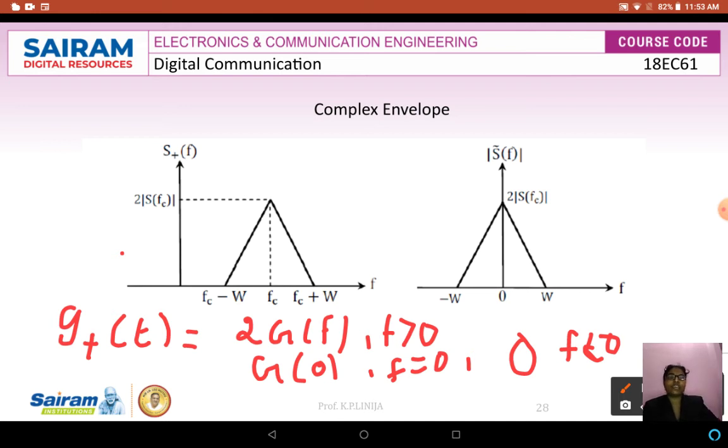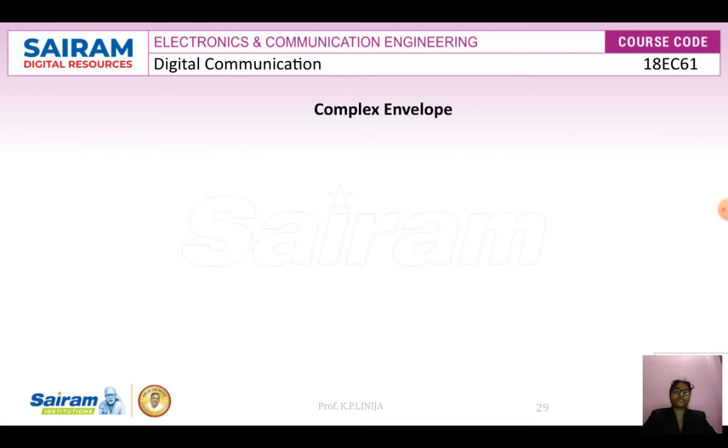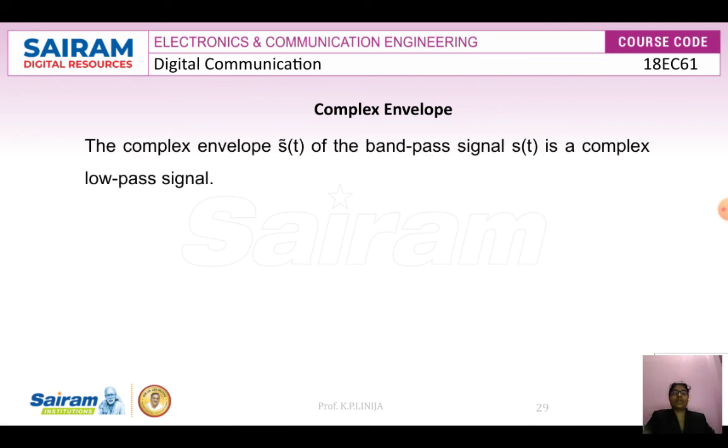That can be seen in this diagram, the magnitude spectrum of the complex envelope S bar of t. The complex envelope S bar of t of the bandpass signal S of t is a complex low pass signal.